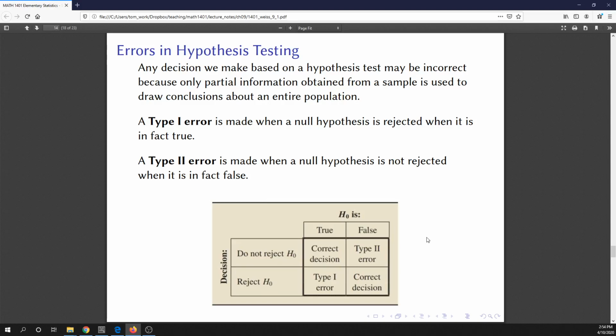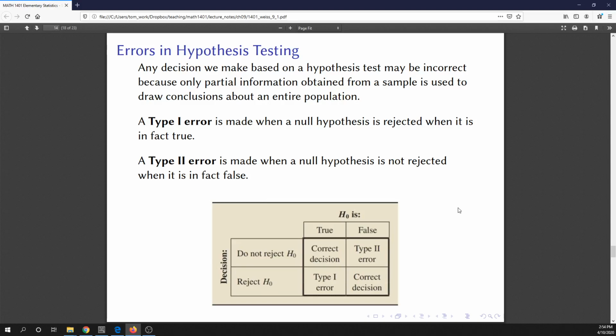Okay, so those are the two types of errors that can be made. And again, it's not really possible to avoid those errors, but we will see that we will be able to get a number associated with some probabilities that we make these errors.